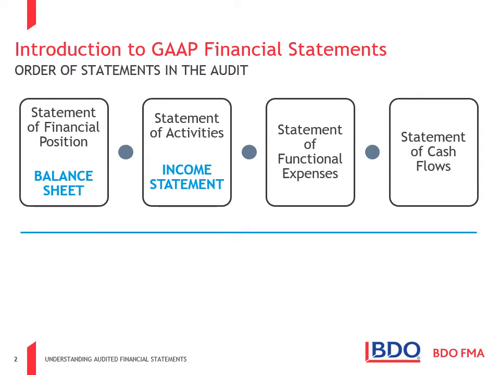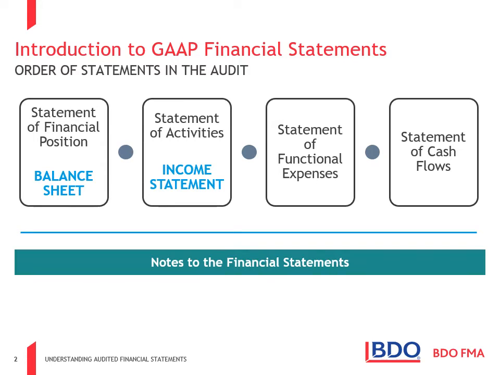So we at least have agreement on one of the 4. And then following the basic financial statements themselves is a set of notes to the financial statements, and we'll talk a little bit about what is included in those notes. So now what I'm going to do is walk through each of these 4 financial statements, beginning with the Statement of Financial Position.